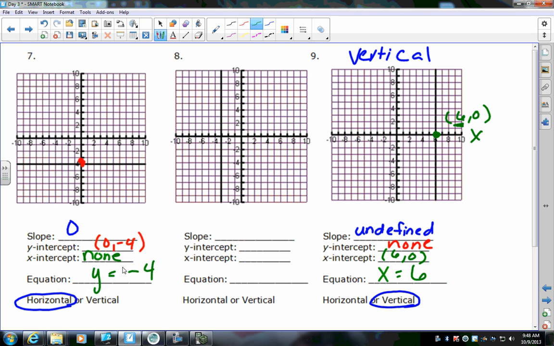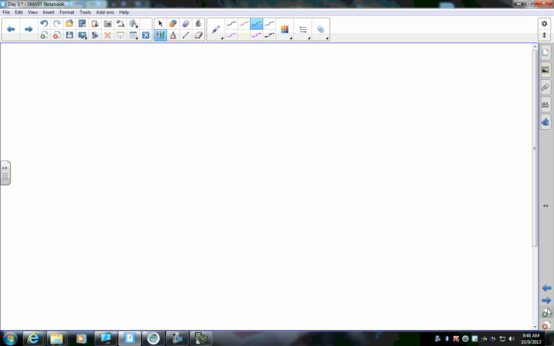Vertical and horizontal lines have special properties. Now, there's lots of ways that I talk about trying to remember which one is undefined and which one is 0. One of the ways in that note page I want you to have, we call it Hoy Vux. I know, Hoy Vux.